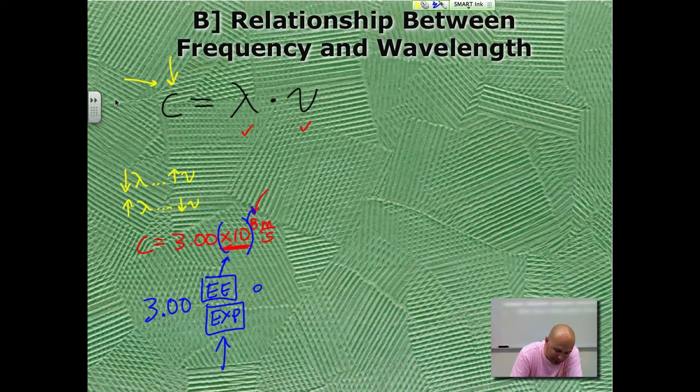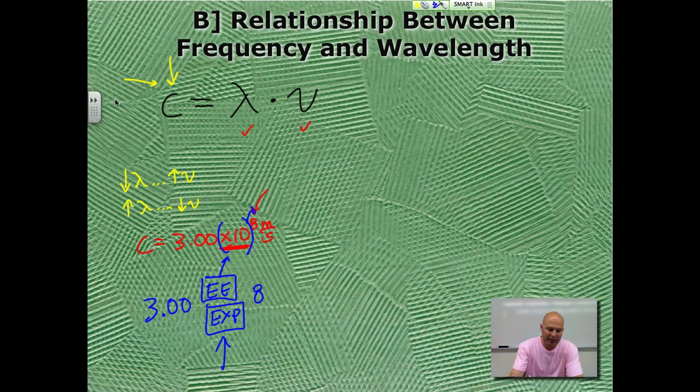So you would just have to hit 3.00 EE 8. 3.00 EXP 8. I need to grab my calculator so I can go ahead and solve this. But that's how you would type it in.